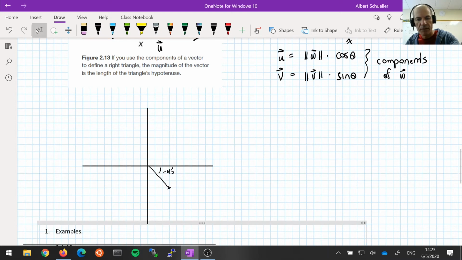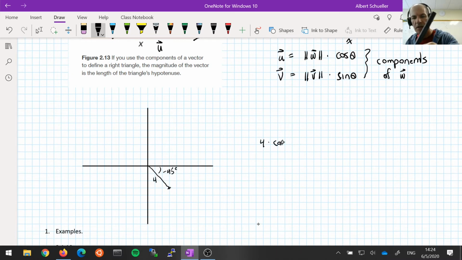Minus 45 degrees. All right, how do we figure out what the components are? If we know that this length is 4, we're going to take 4 times the cosine of theta, which is minus 45 degrees. That's going to be the x coordinate, and then the y coordinate is going to be 4 times the sine of minus 45 degrees.